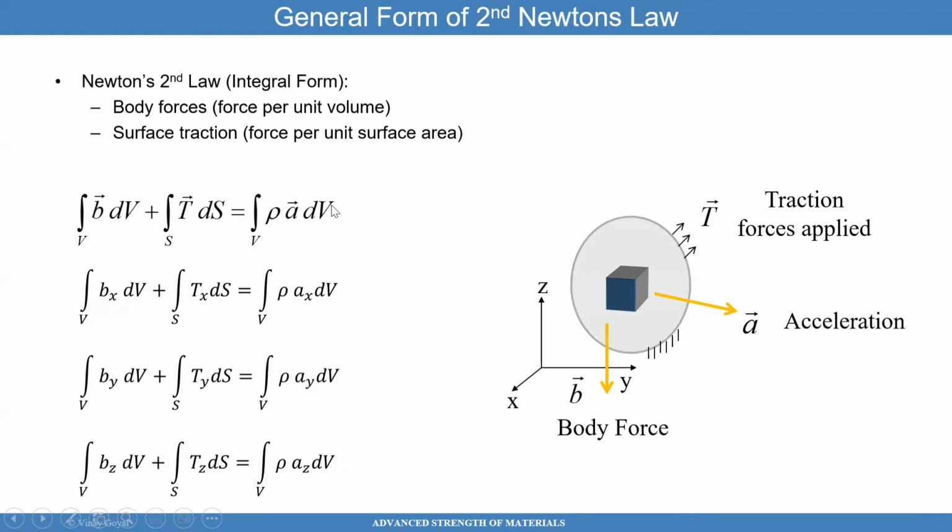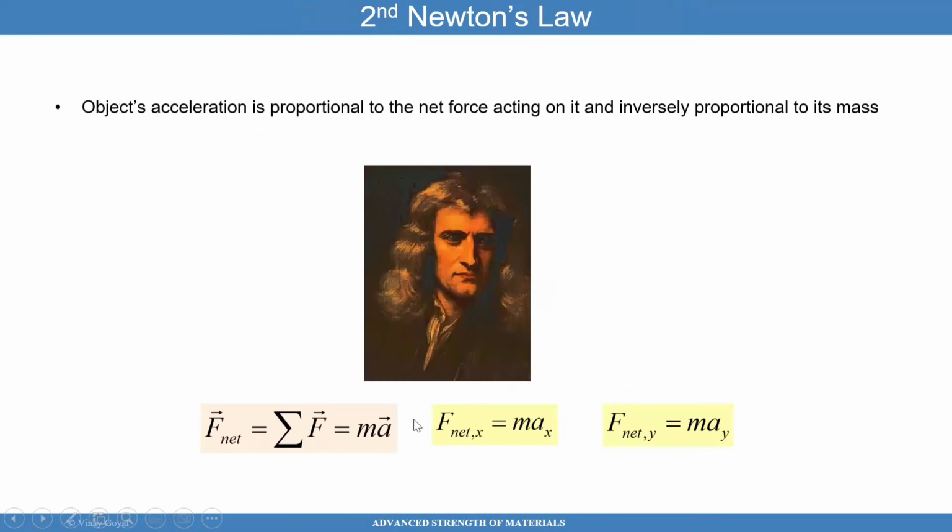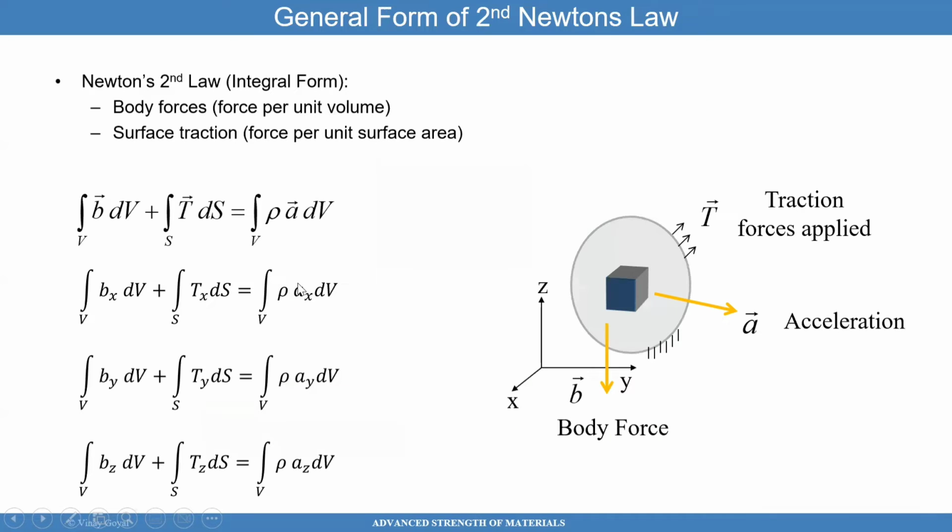So instead of looking at vector notation, I want to look at individual components so we can sum forces using Newton's law. Summation of forces equals ma in the x, y, and z. So I'll do it in the x direction, the y direction, and the z direction. This vector b can be decomposed in x, y, and z.